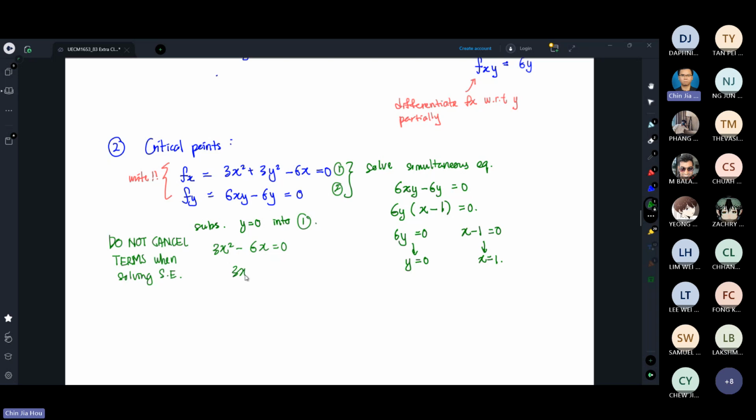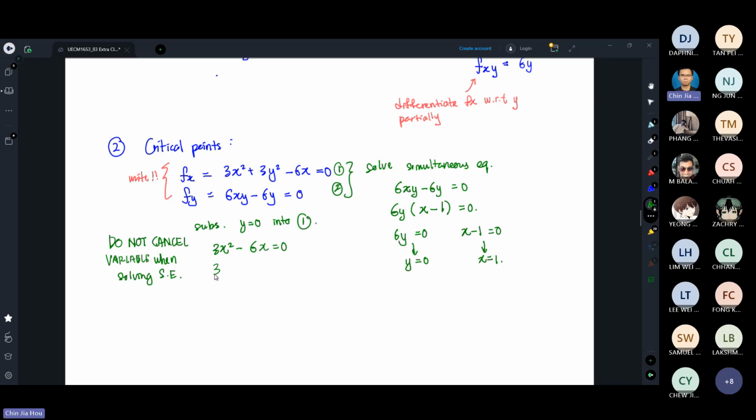For example, you take 3x squared equals to 6x, and then you cancel it off. No, don't do that. Don't cancel variables like this. You don't cancel the x. You can cancel the 3 and 6, but never the x.